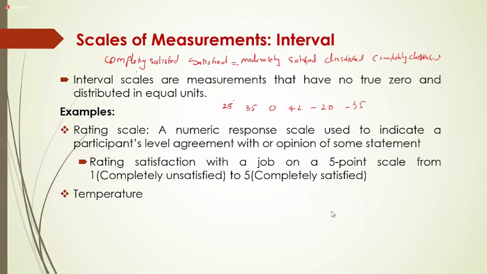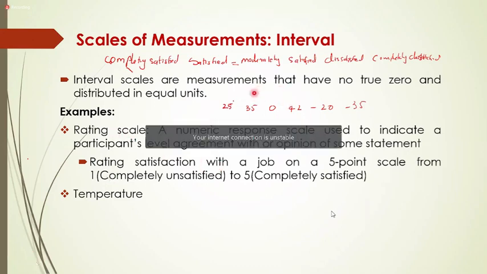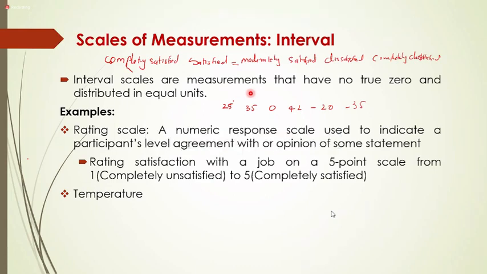So in this case, the rating scales and the temperatures are some examples of interval scales of measurement. Only the order is meaningful, the difference is meaningful, and the ratio is not meaningful.